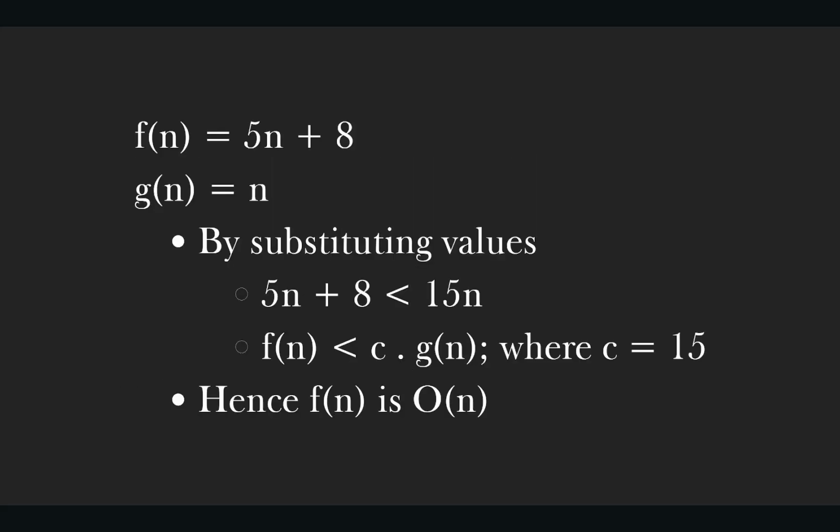Let's quickly do a small example so you guys have an idea what big O notation is. Let's say there's the function f(n) such that f(n) equals 5n plus 8. And then we have a candidate for g(n). At the moment we don't know whether it is the actual g(n). I have said g(n) equals n.